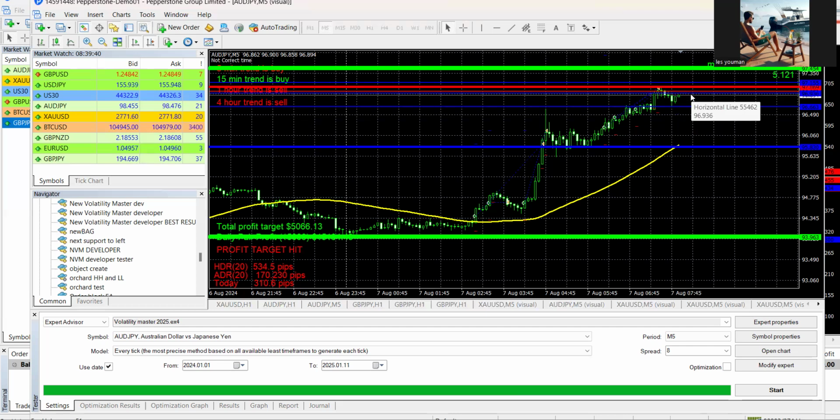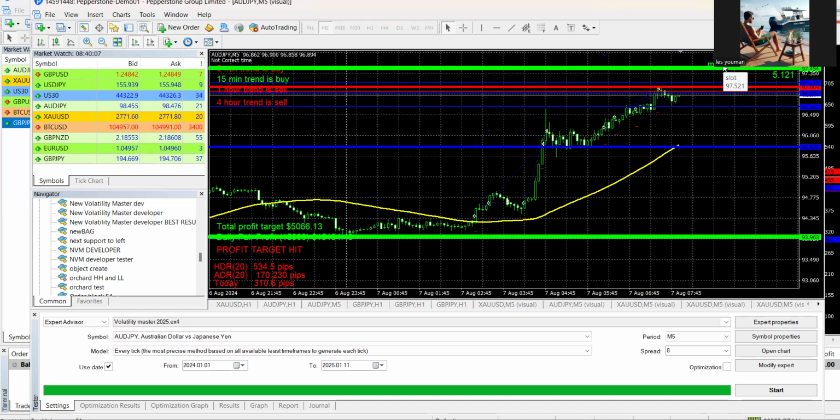So the upside of that is that because it's further back, you're getting a better entry point, which means you're going to get a tighter stop loss, which means you'll get a larger trade size, and all that means you can potentially make a lot more profit.